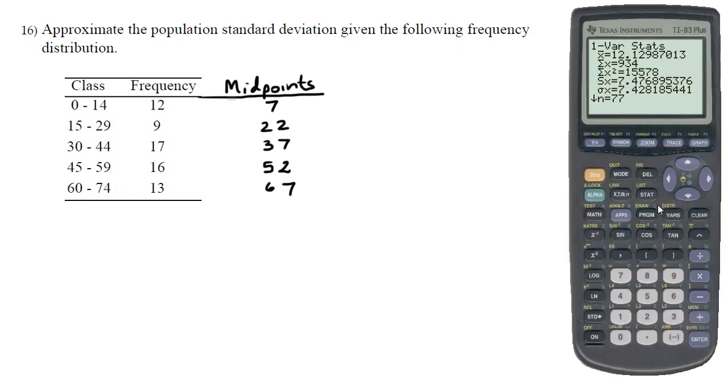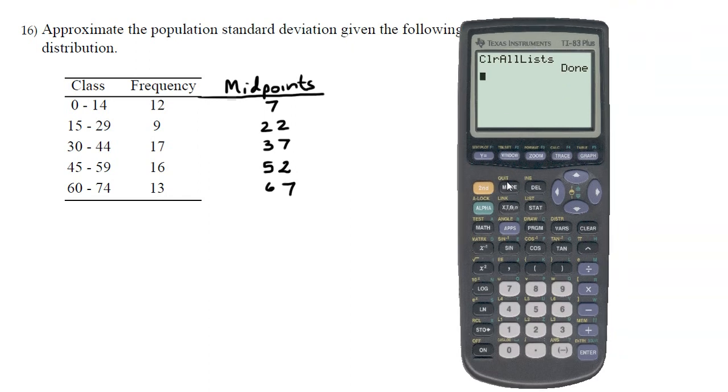Okay, so now let's clear these lists. Second memory, going down to 4, clear all lists. I'm doing the same thing I did for the last problem, entering the data in the same way. Go to Stat, Edit, L1. I'm entering my data: 7, 22, 37, 52, 67.